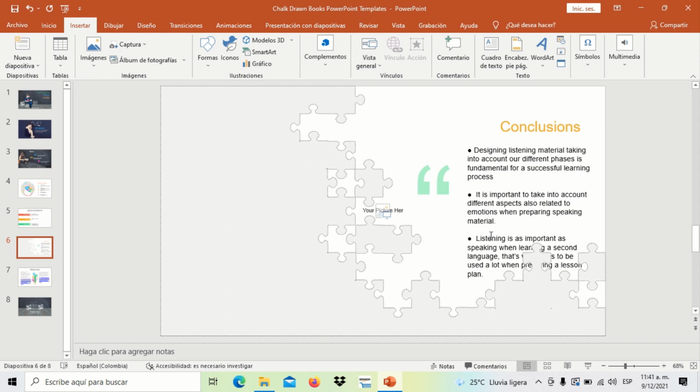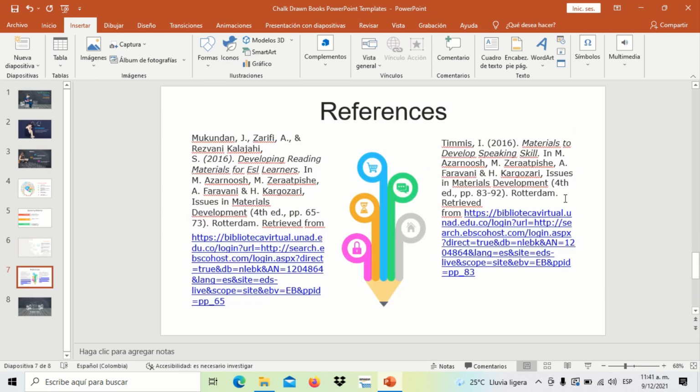When you prepare a speaking class, speaking material, you have to take into account that it's not only the cognitive part, it is also the emotional part of the student, because sometimes students don't participate not because they don't know, it's because maybe they feel scared or ashamed or something like that. And then listening is as important as speaking when learning a second language. That's why it has to be used a lot when preparing a lesson plan.